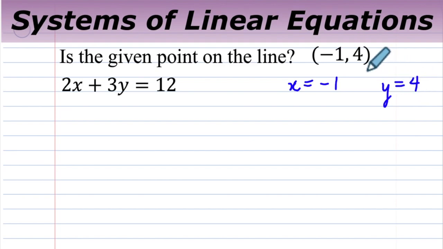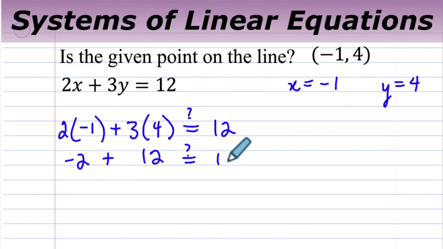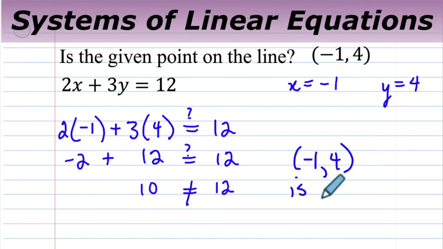We're checking to see if that point satisfies the equation. 2(-1) plus 3(4), does that equal 12? -2 plus 12, does that equal 12? We have 10 does not equal 12. Therefore, (-1, 4) is not on the line.